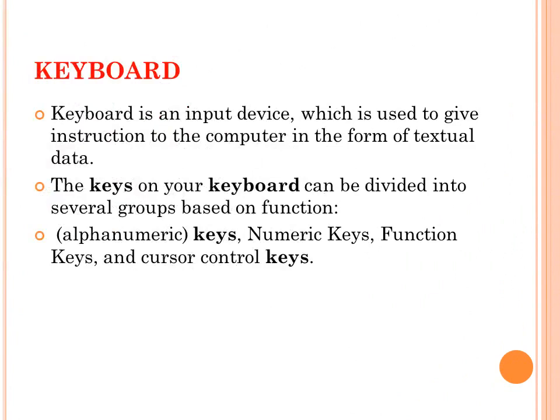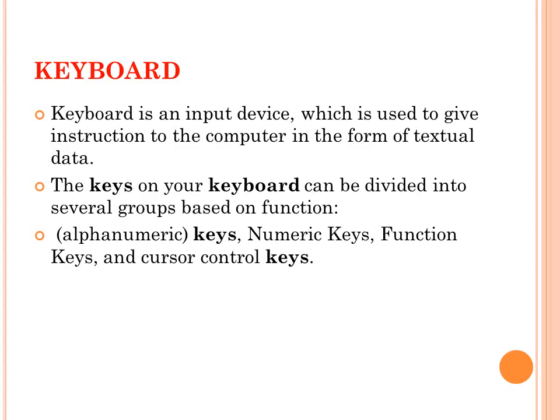What is a keyboard? Keyboard is an input device which is used to give instructions to the computer. With the help of the keyboard, we can enter textual data. It is just like a traditional typewriter. We can type with the help of keys. There are many keys on the keyboard: function keys, alphanumeric keys, numeric keys, and cursor control keys.